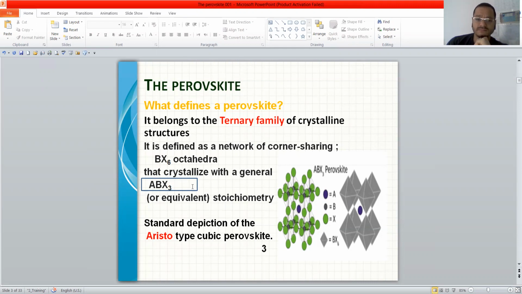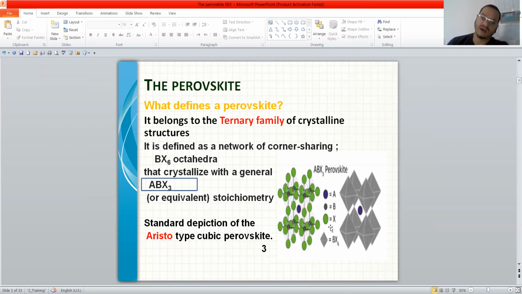And here, this image illustrates the structure of the perovskite, almost belonging to a cubic structure. Here, we have 3 elements, A, B, X. A and B are both cations.